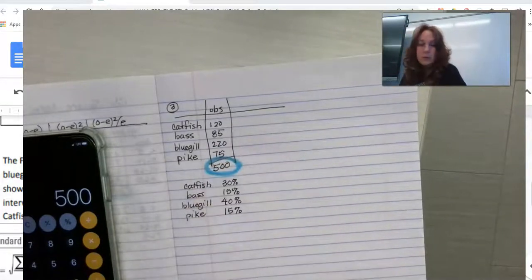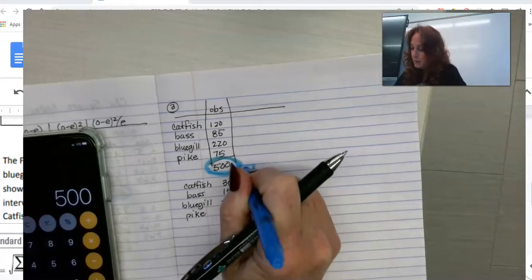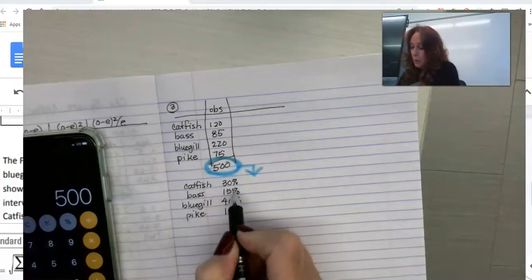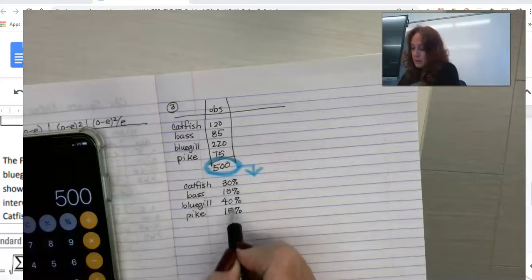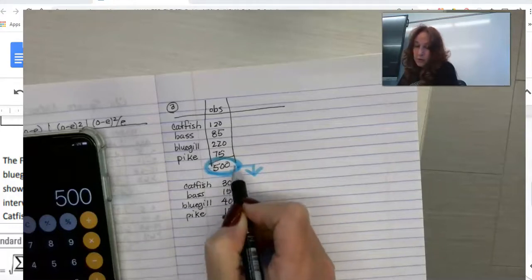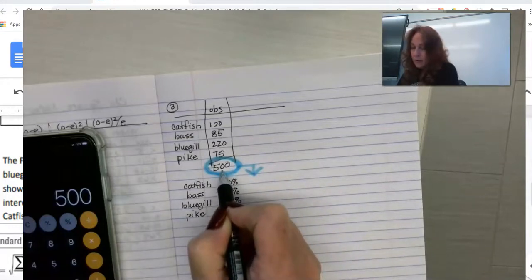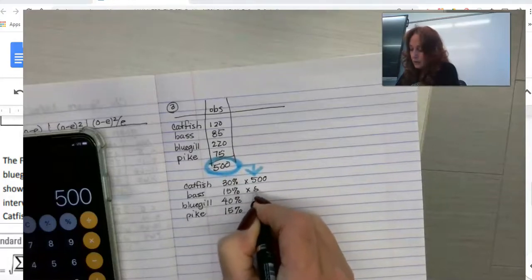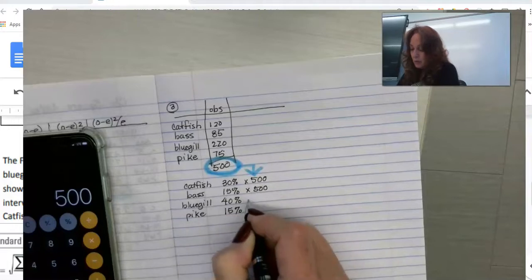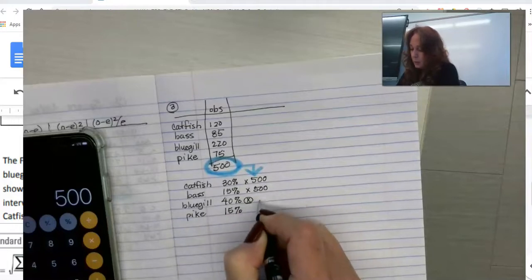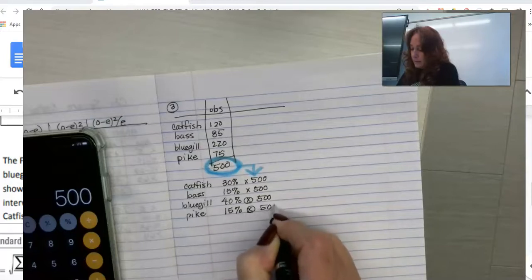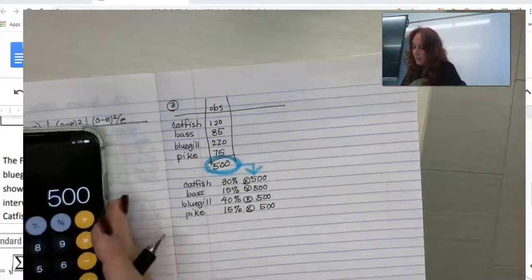That is the most important number on the page, because I'm going to use it to say, okay, originally this is what they set up. So if they're the same, 30% of the 500 should still be catfish, 15% of the 500 should be bass, 40% should be bluegill, and 15% should be pike.